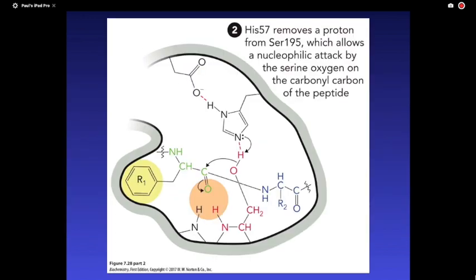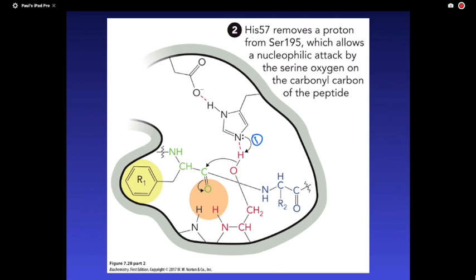Oh my goodness. There's arrows. This makes my heart a little flutter. Okay? The organic is coming back. Okay, so watch this. Number one, I formally take the proton off of the oxygen on the serine. The serine becomes transiently negative and attacks the carbonyl.